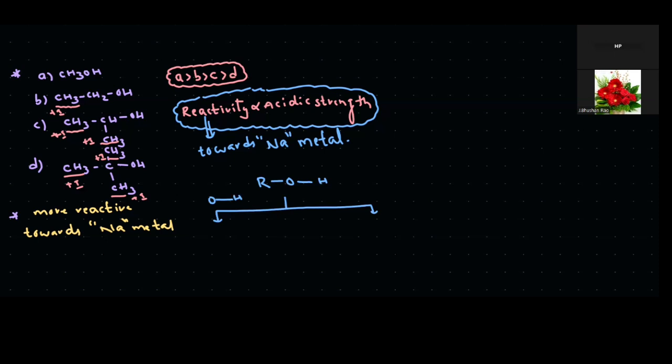Another is carbon-oxygen cleavage. If the bond between oxygen and hydrogen is broken first, then this group is converted into alkoxide.